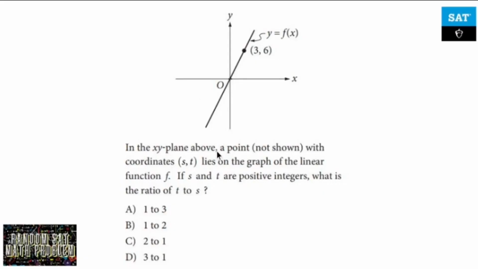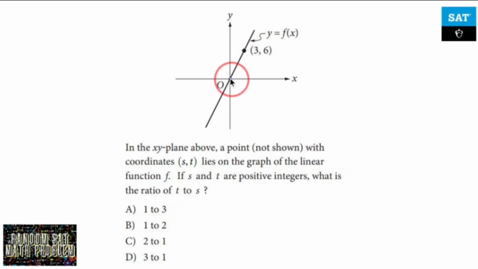In the xy plane above, a point not shown with coordinates (s, t) lies on the graph of the linear function f. If s and t are positive integers, which means up here and up here alone, what is the ratio of t to s?